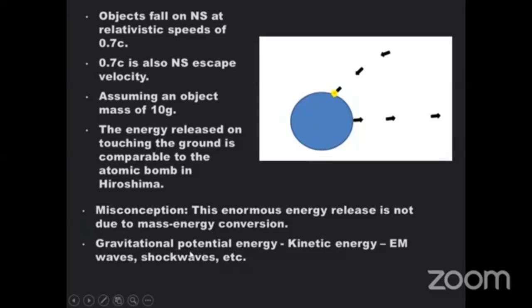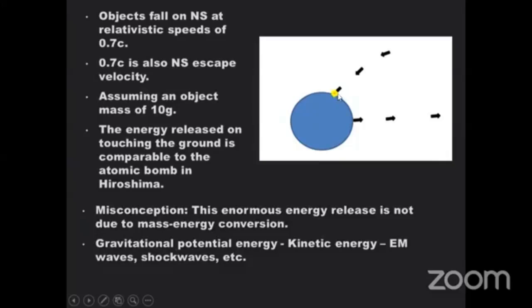That energy is coming from the gravitational potential energy of the neutron star. So when the object is in the gravitational field of a neutron star, it gains gravitational potential energy. Now as it is falling, it converts the gravitational potential energy to kinetic energy, that is energy of motion.